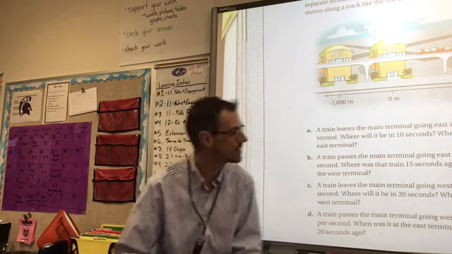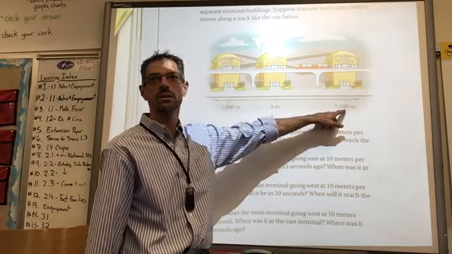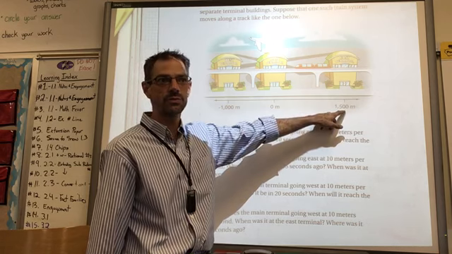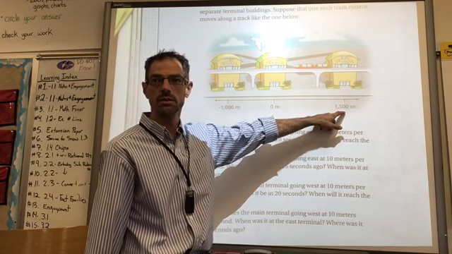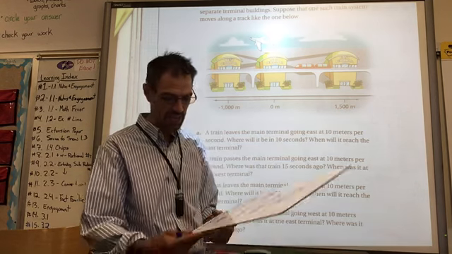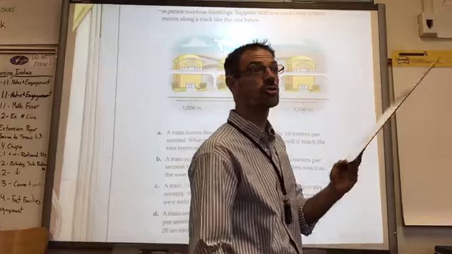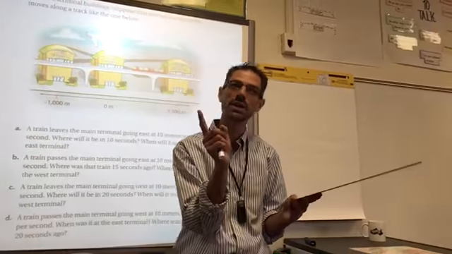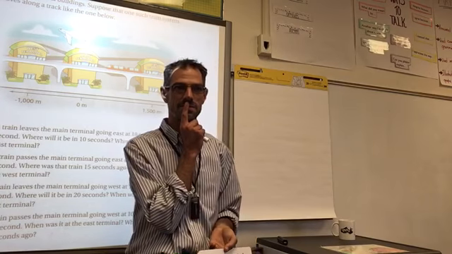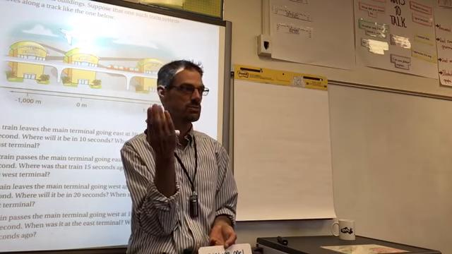So now I've got to take my 1,500 and I have to add a negative 200, which is like subtracting a positive, right? And that's going to give me an answer of 1,300 meters. What would be another way to say that? Could I say negative 200 meters?